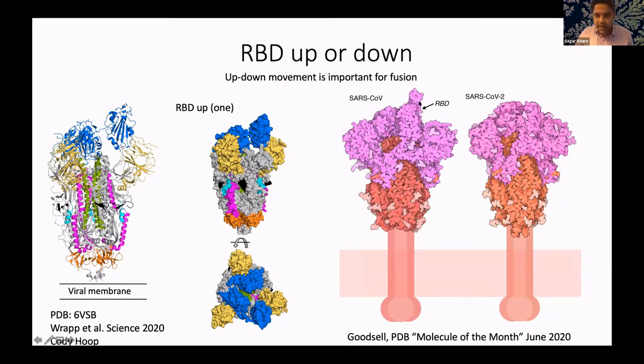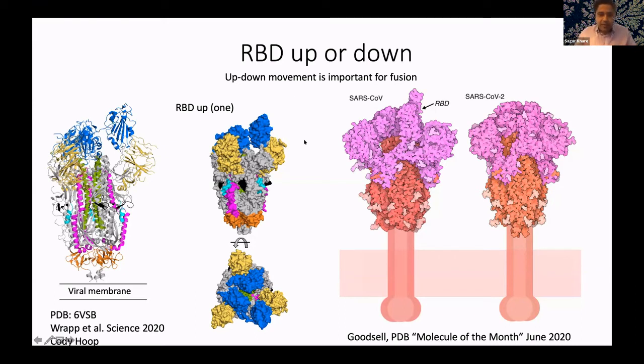So this RBD is sort of like a thumb that is pointing up. It can come down and sit on the rest of the hand, or it can point up. I just have 2 thumbs, but imagine that there's 3 of them. These thumbs can go up and down, and there is some kind of an equilibrium between these 2 states.